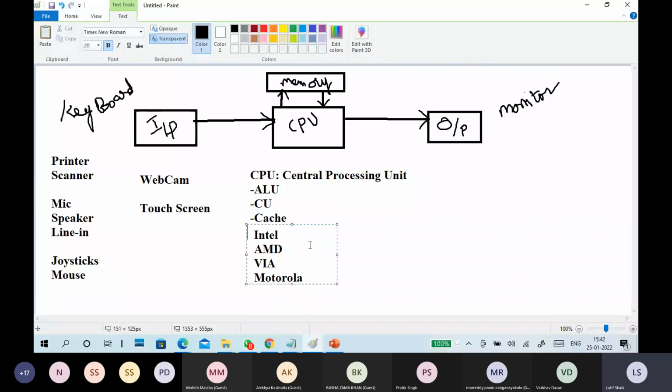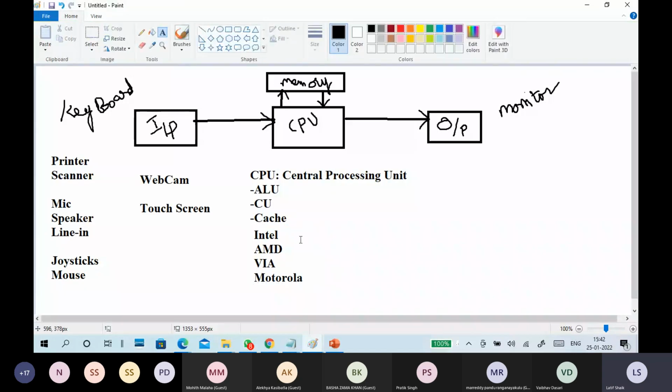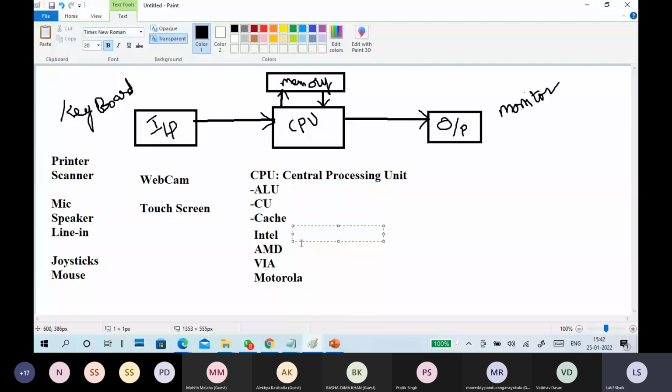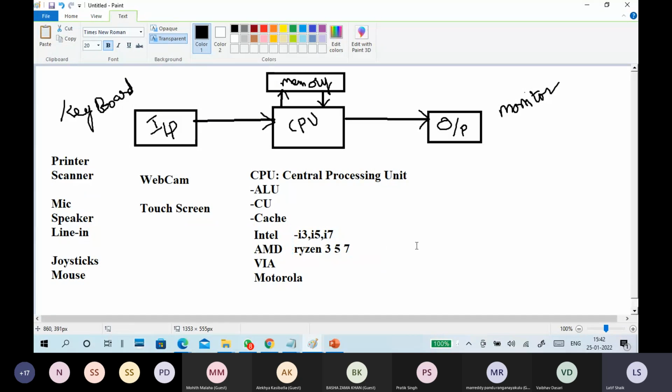These are the processor manufacturers, and there are different types of processors too. The famous processors from Intel are i3, i5, i7, i9. For AMD, Ryzen is more popular than others nowadays: Ryzen 5, Ryzen 6, Ryzen 7, Ryzen 8, Ryzen 9.